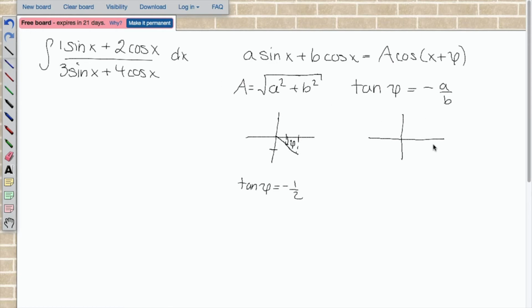For another angle, we'll use a blue color. We'll have the same situation: 1, 2, 3, 1, 2, 3, 4. That places us again in the fourth quadrant, and that will be angle alpha. That's going to be 4, and that will be negative 3.